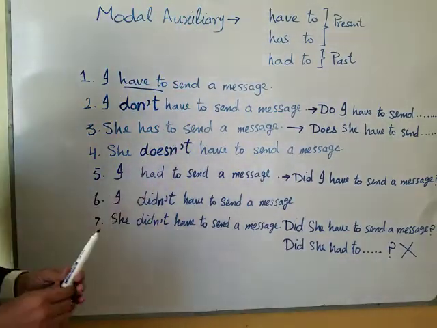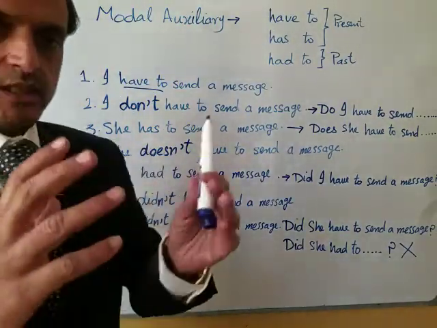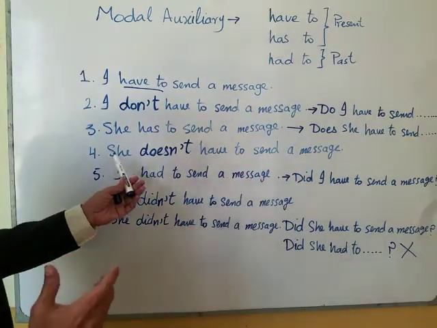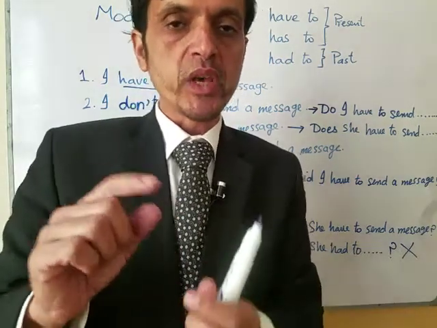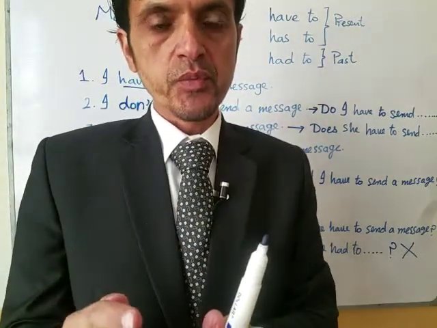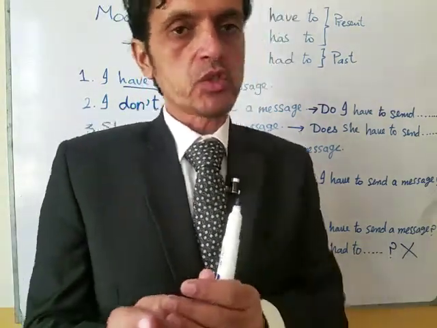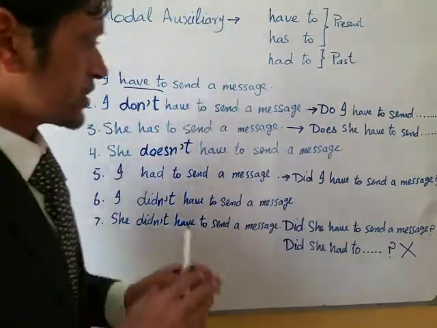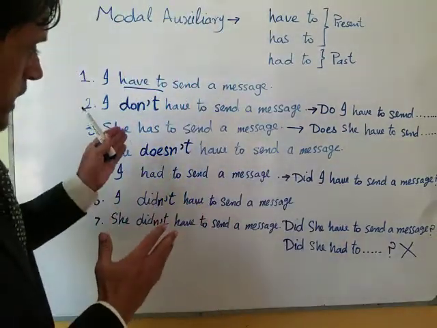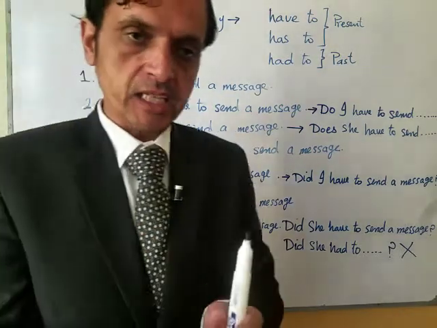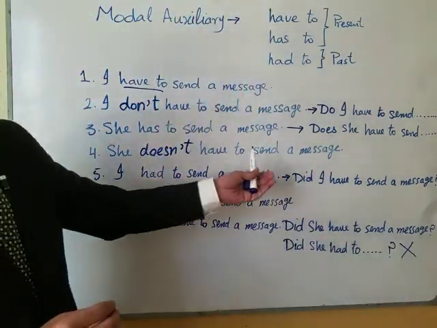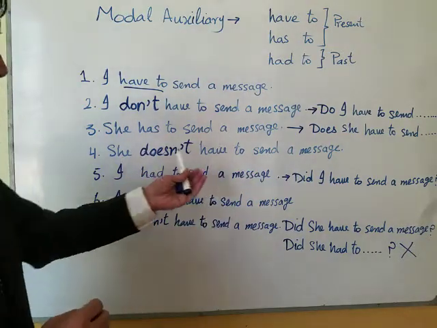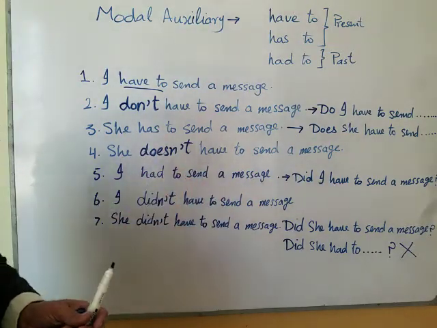If you want to make it negative, she doesn't have to send a message. As we use do with I, we, you and does with she, he, it, in the same way we bring it here to make negative and interrogative. So she does not have to send a message, or she doesn't have to send a message.